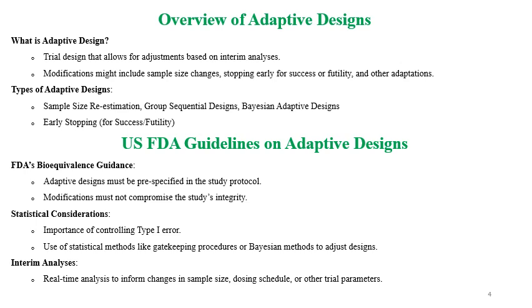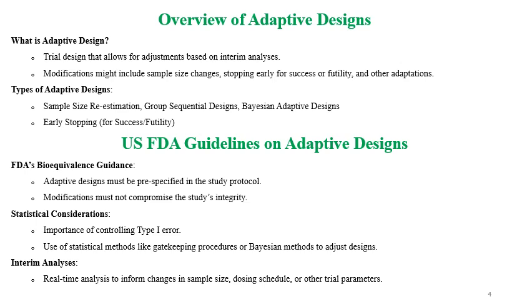Statistical considerations: importance of controlling type 1 error, use of statistical methods, gatekeeping procedures, or Bayesian methods to adjust the designs. Interim analysis, real-time analysis to inform changes in sample size, dosing schedule, and other trial parameters.